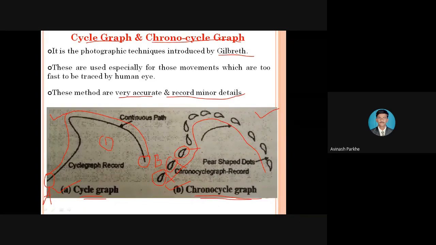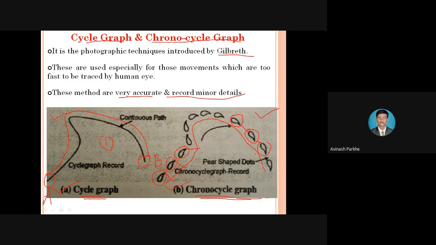Here you can see this is one dot, this is the second dot, and again this is the third dot. In between these two dots, the maximum distance is present. That means at this moment, the speed of working decreases. Again, from this to this, somewhat of a gap is there.